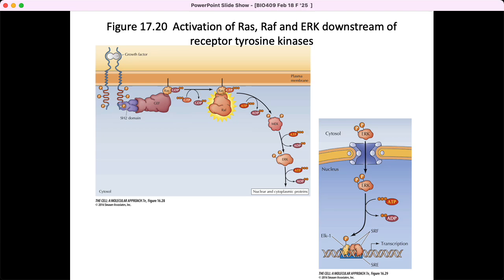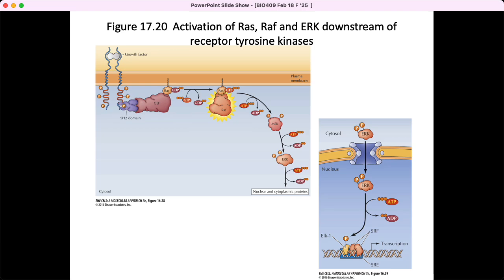When the two monomers of the PDGF receptor get held together, this monomer phosphorylates that monomer. These phosphates were added by that one, and those were added by that one. And now the receptor is active.